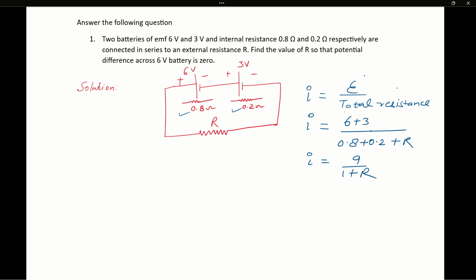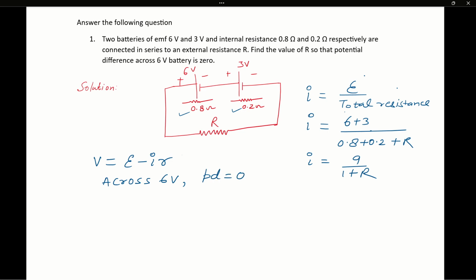Now you know very well what is the formula of terminal potential difference V. V is equal to EMF minus current into internal resistance. We have to apply this formula for 6 volt because across 6 volt the given potential difference is 0.